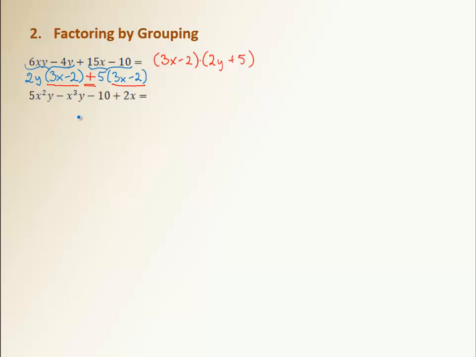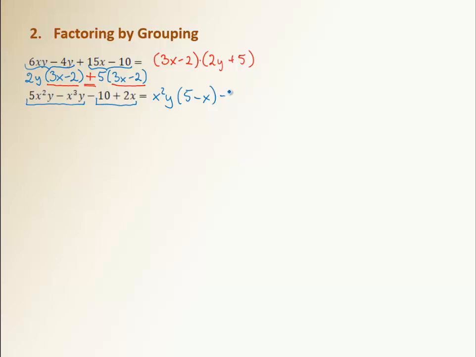We can do similar grouping in the second example. We can group the first two terms and the last two terms. In the first two terms, you can notice that the common factor is x squared y. What's left is 5 minus x. In the second group, it's a good idea to take not just 2 but negative 2, because we want to end up with the same bracket, otherwise you won't be able to factor.